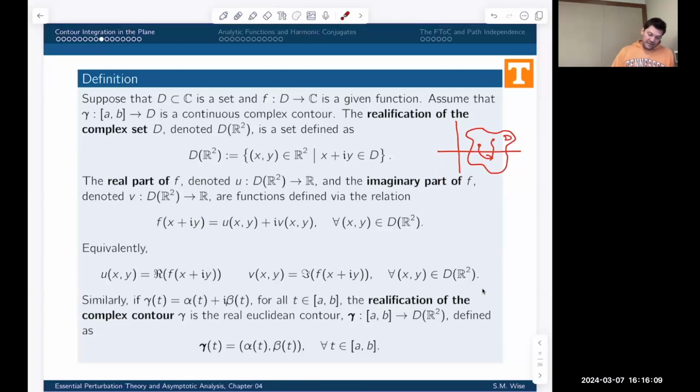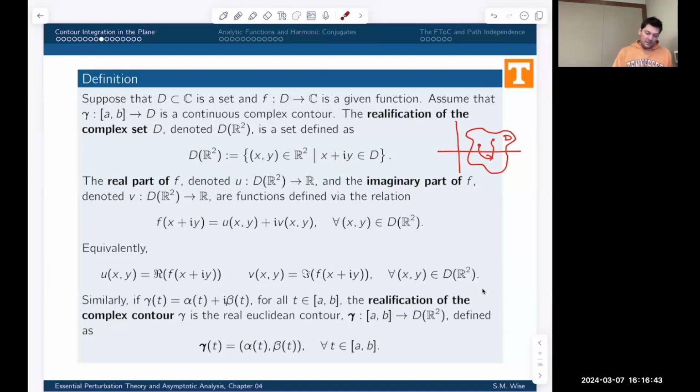So suppose we have a set and a function that's defined on that set, and we also have a complex contour that's at least continuous. Then the realification of this complex set is what we denote by D R2, and that's exactly the same set, but it's in R2 rather than the complex plane. So it's the set of points x and y such that the point x plus iy is in D. Does that make sense to everyone?